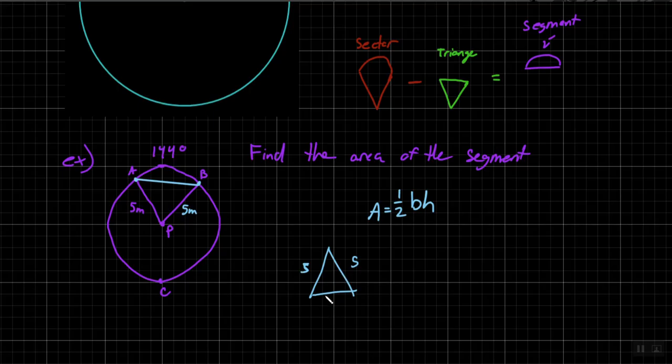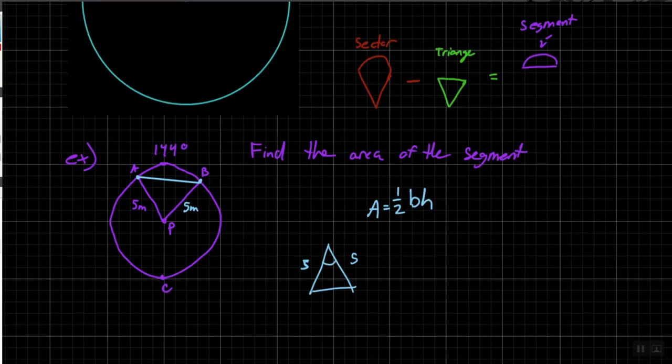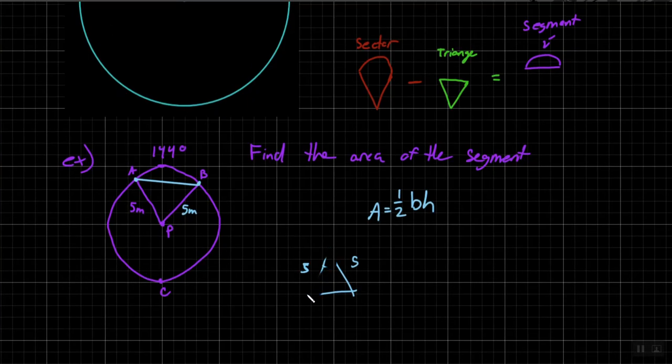Do I know an angle? Which one? Yep, and it's right there, right? I'm gonna draw this bigger. So it's my triangle. So we have 5, 5, and this is 144 degrees.